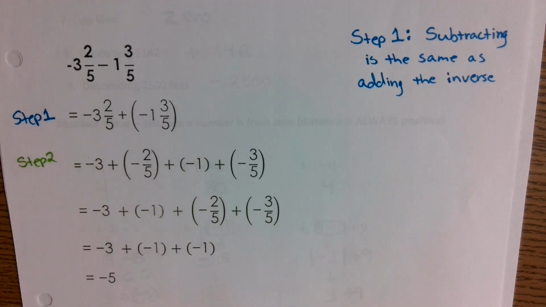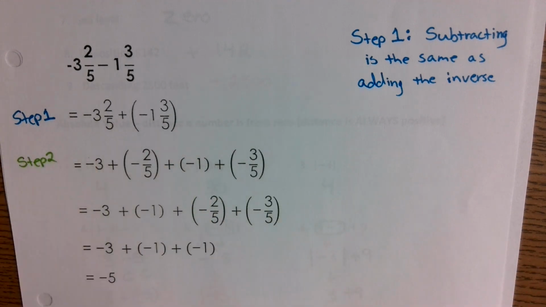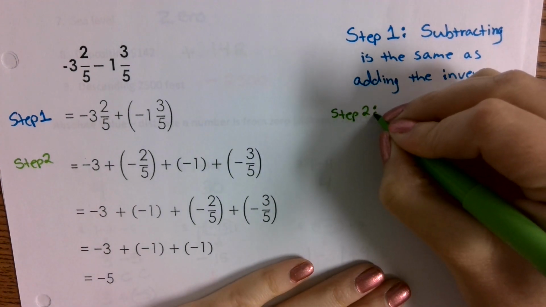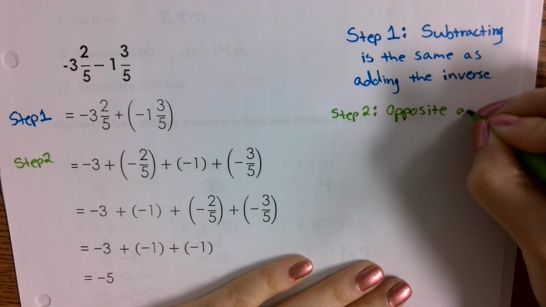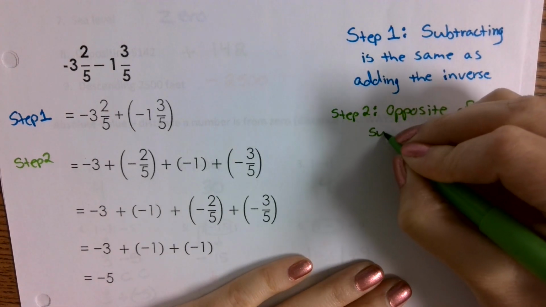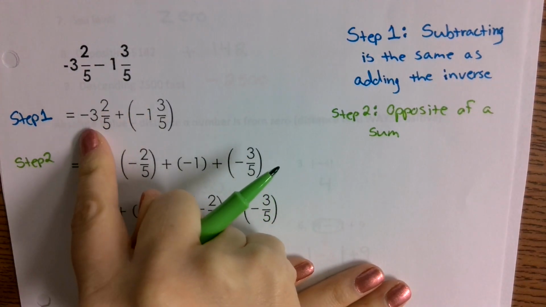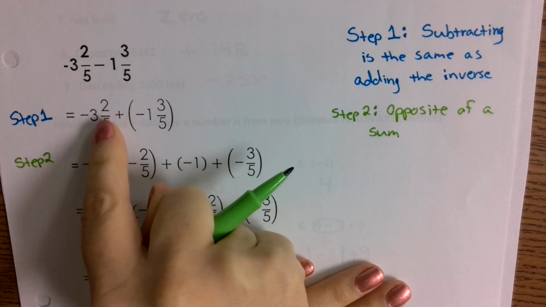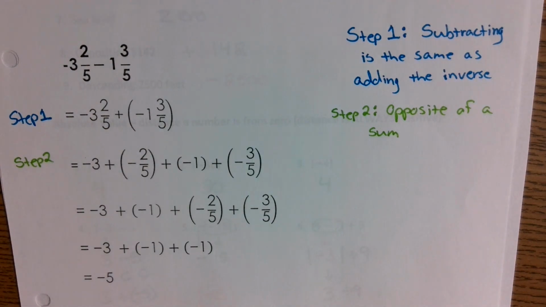What we do is we state that the opposite of a sum is the sum of its opposites. The opposite of a sum, because that's essentially what a mixed number is. A mixed number is a sum combining a whole number and a fraction. The opposite of a sum is to take the sum of the opposites.